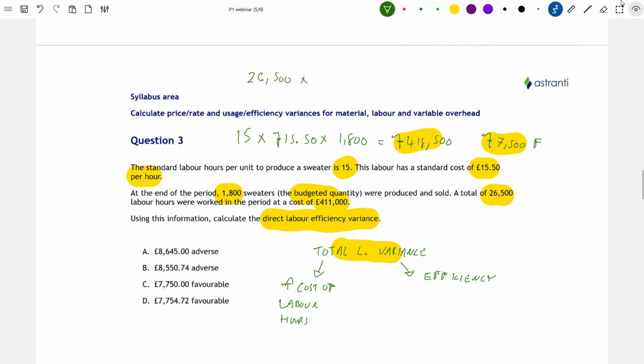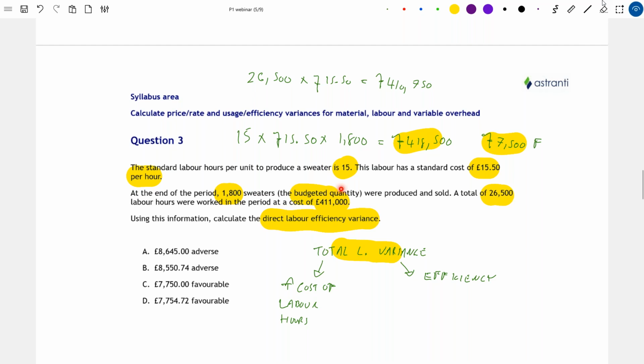So 26,500, and given that the standard cost of labour is £15.50, this means that the standard cost of those labour hours was £410,750. However, remember, it actually cost more. It actually cost £411,000.